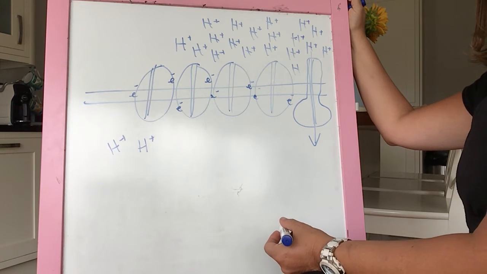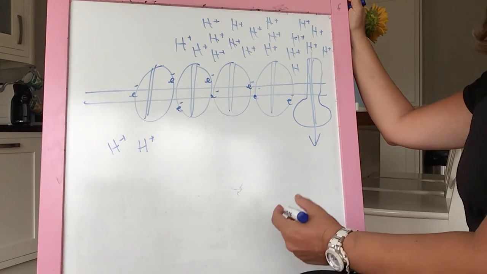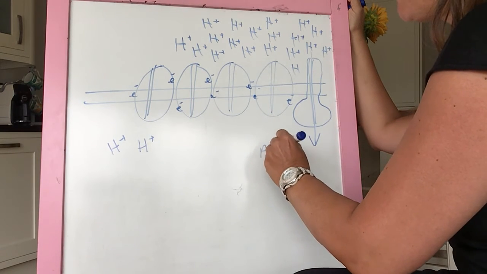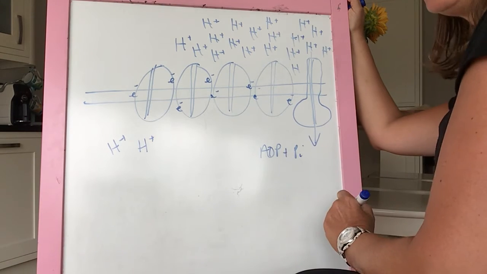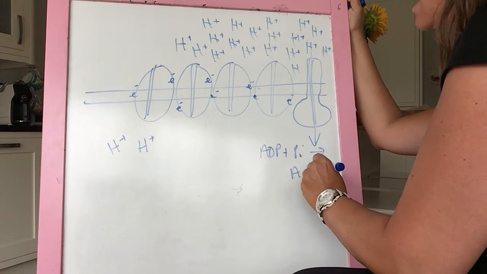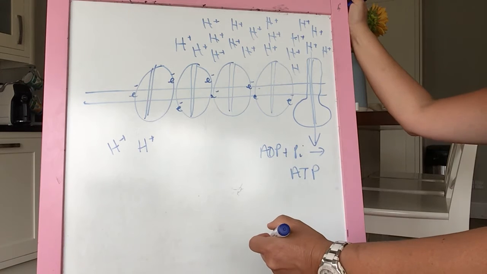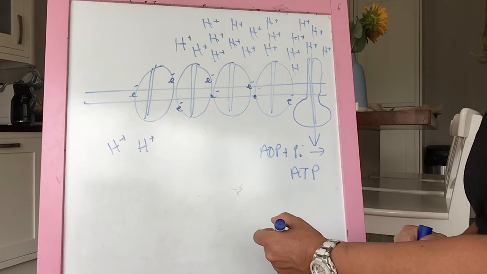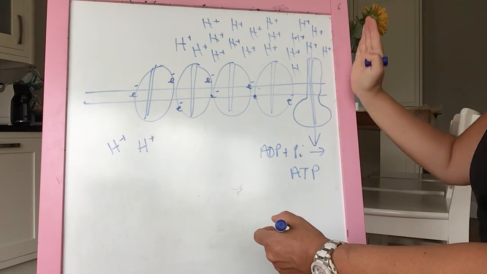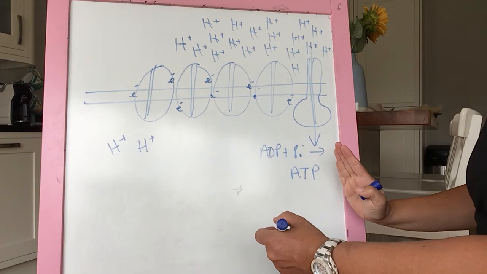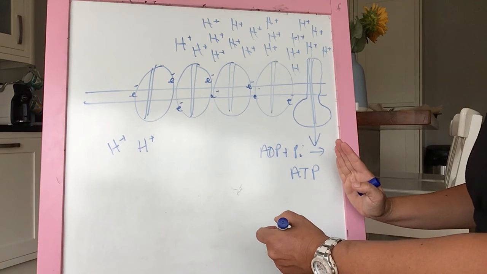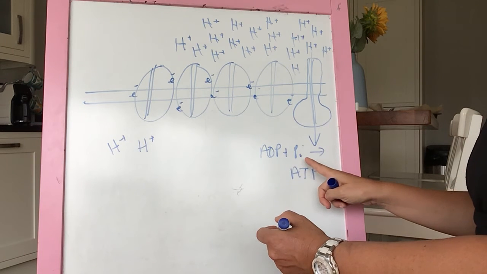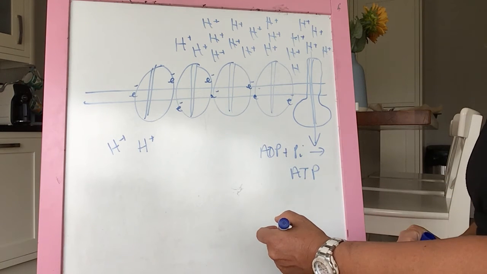And as they do that, they are going to make this enzyme turn ADP plus inorganic phosphate into ATP. So it's the hydrogen ions moving through the ATP synthase from a high concentration to a low concentration, facilitated diffusion, that causes ATP synthase to turn ADP plus inorganic phosphate into ATP.